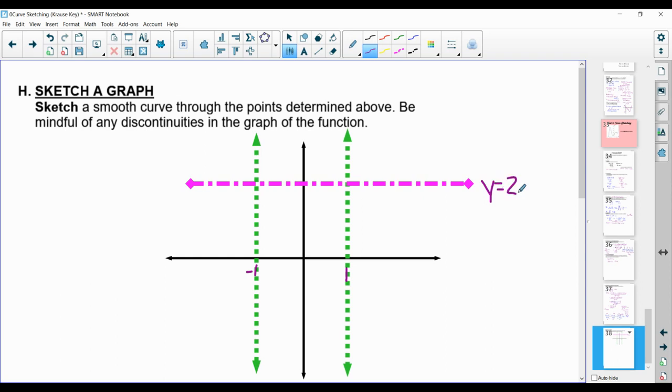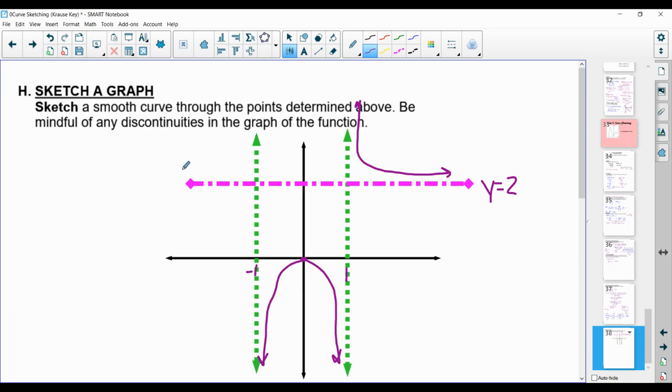Now, we know that the graph is concave down, concave up here. And so the graph is looking like this. We know that we have a maximum right here, and we also know from the second derivative test that it was concave down. So the graph is approaching, but never crossing those asymptotes.